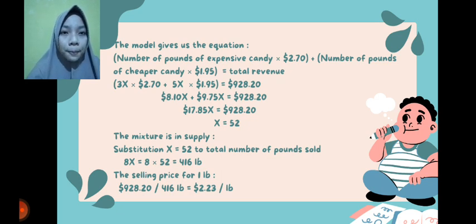52. The mixture in supply is, with substitution x equals 52 to total number of pounds sold, and then we got 8x equals 8 times 52 equals 416 pounds, and the selling price for 1 pound is $928.20 over 416 pounds equals $2.23 per pound.